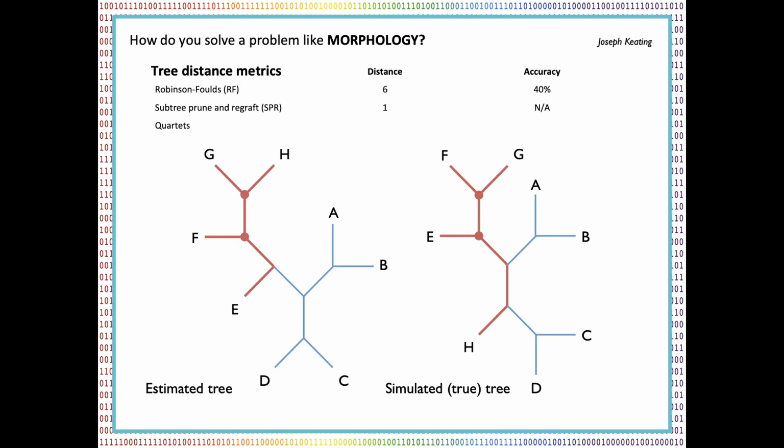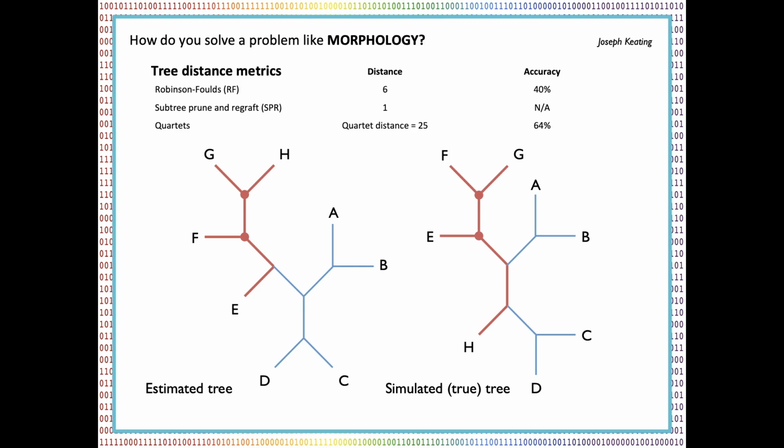In contrast, these quartets have different topologies. Our estimated tree has 70 quartets, of which 45 are shared with the simulated tree and 25 are different, giving an accuracy of 64%.